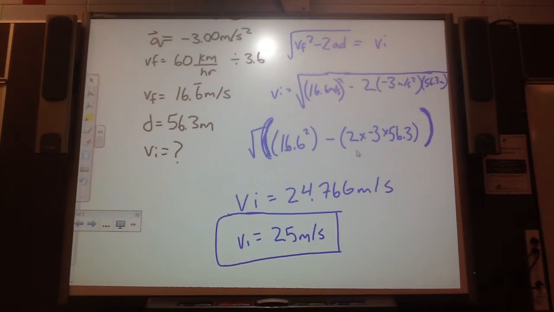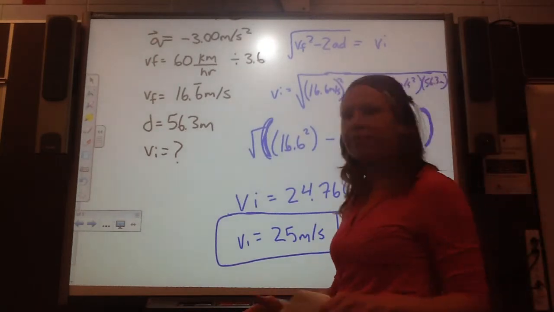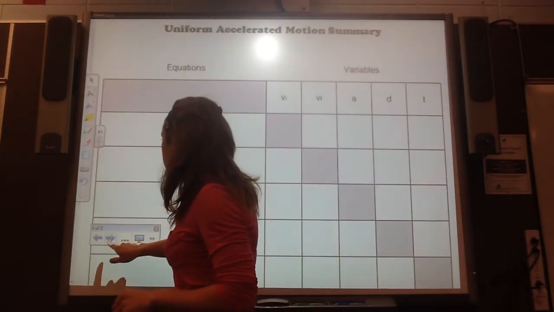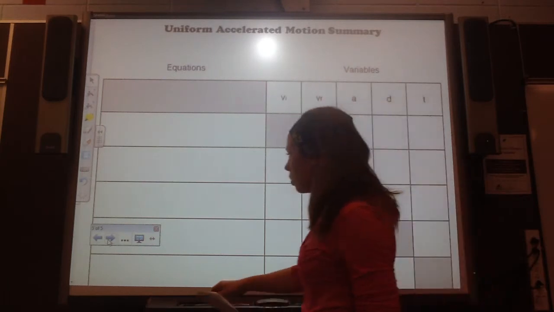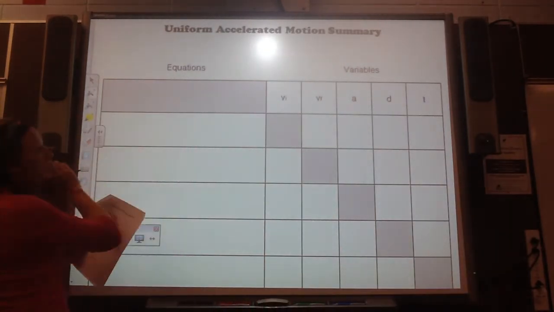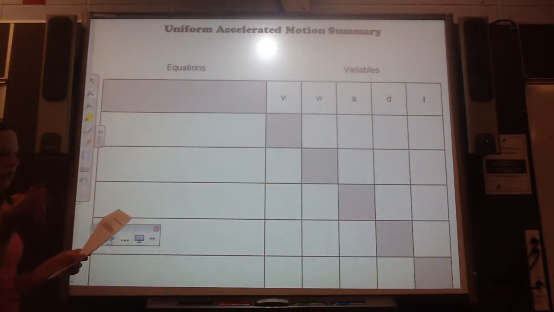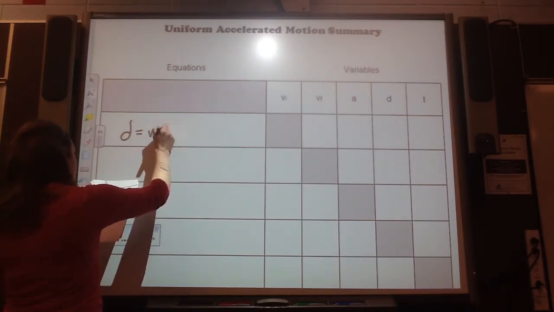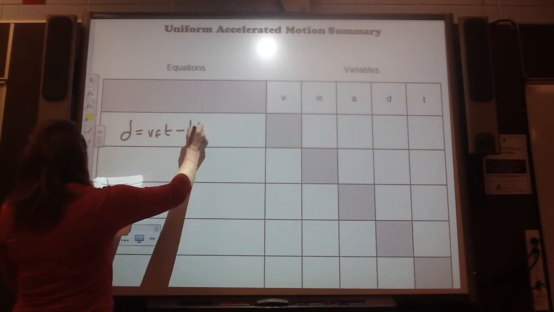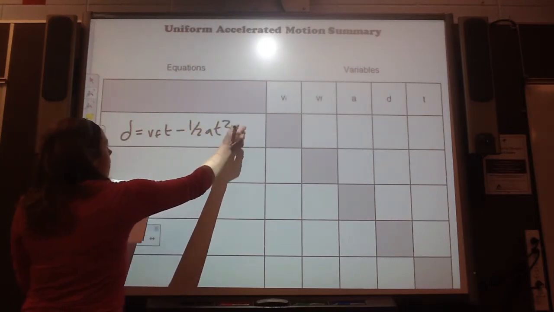The last thing is just to fill in a chart that some of you might like to help find the right equation to use. You can use this as a chart to figure out which equation for which. So the first one, D is equal to VFT minus half AT squared.